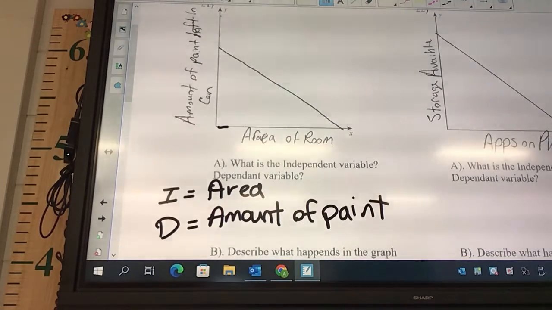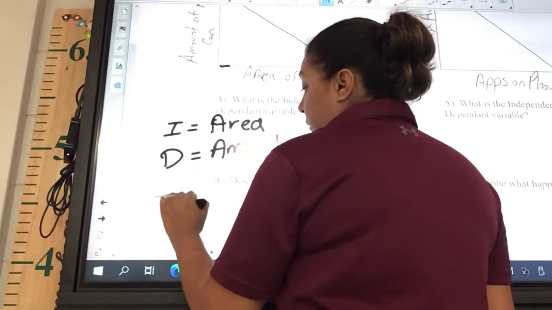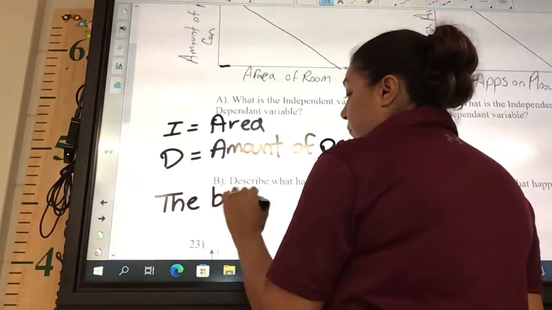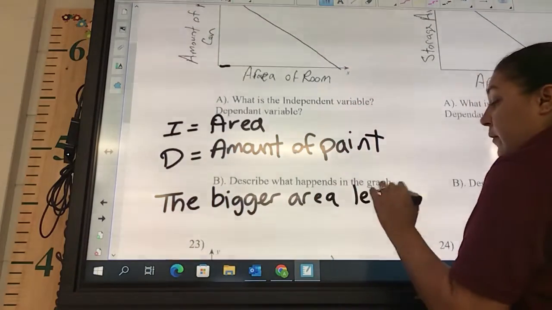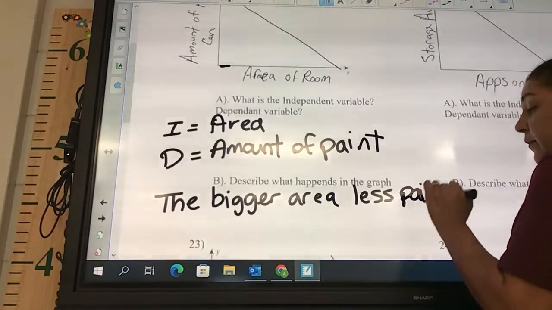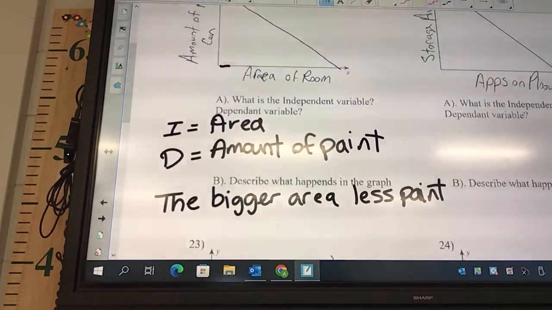So we can say the bigger the area, less paint. I tried to make most of them make sense, though, honestly.